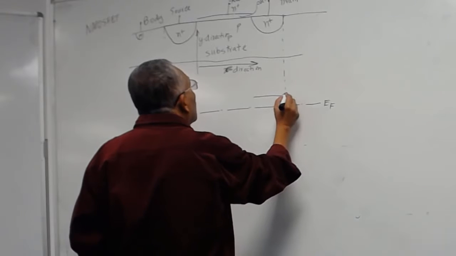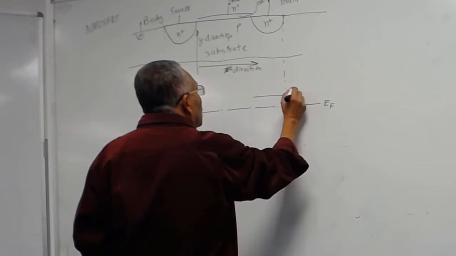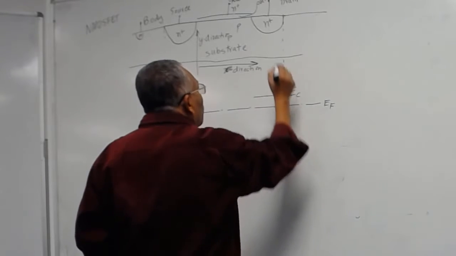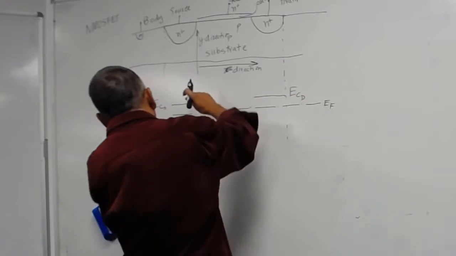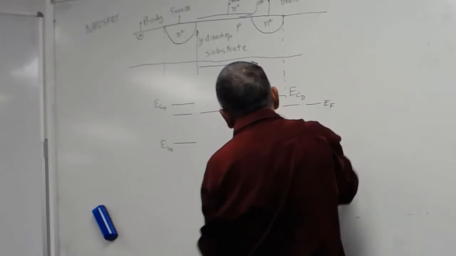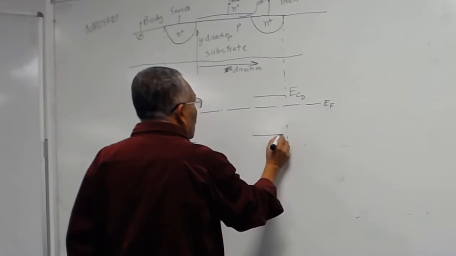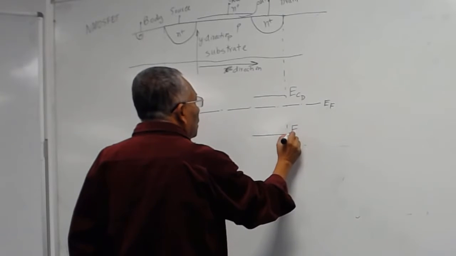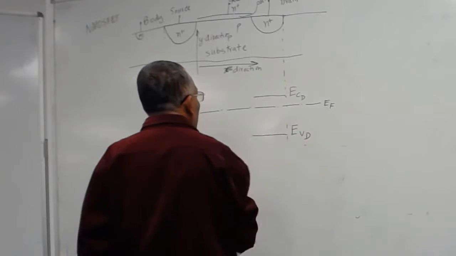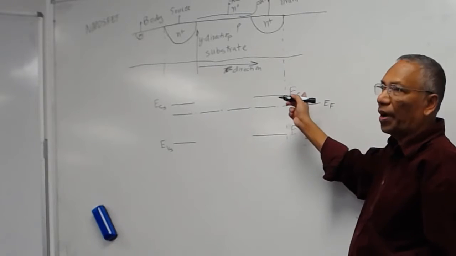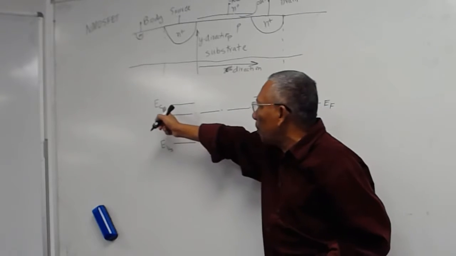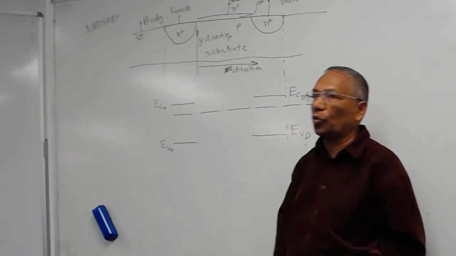This is your E_C of the drain. Exactly the same distance here. E_V of the drain. Valence band of the drain, conduction band of the drain. This is the conduction band at the source, valence band at the source.